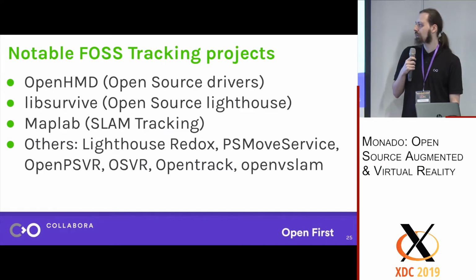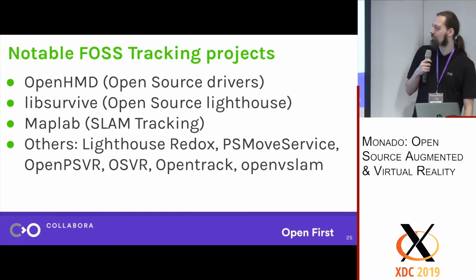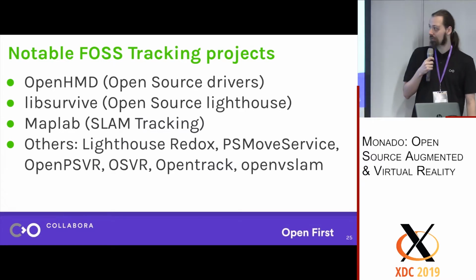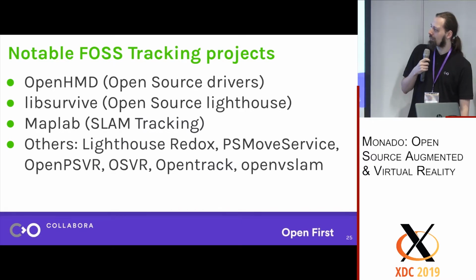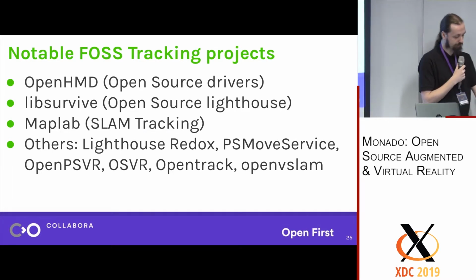There are some other companies already working on SLAM solutions as well. Not really a one-size-fits-all solution, and they're unfortunately also quite heavy in processing. So we hope that that will continue to develop over the next period of time.